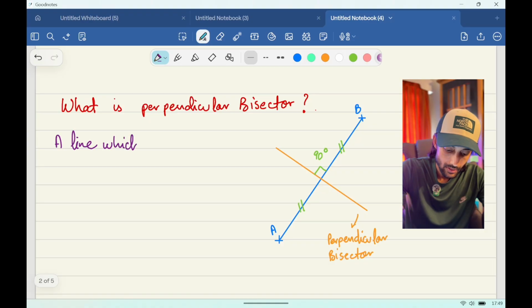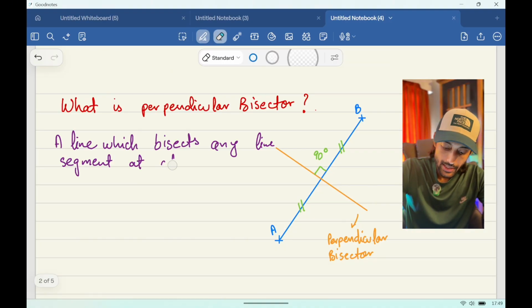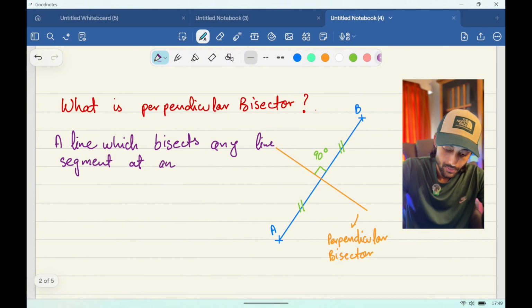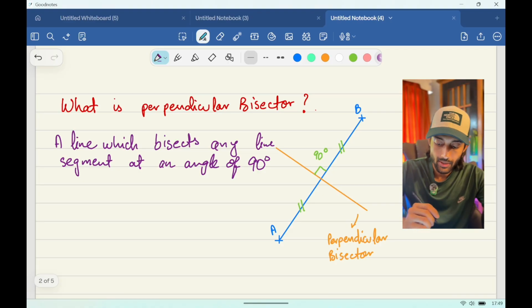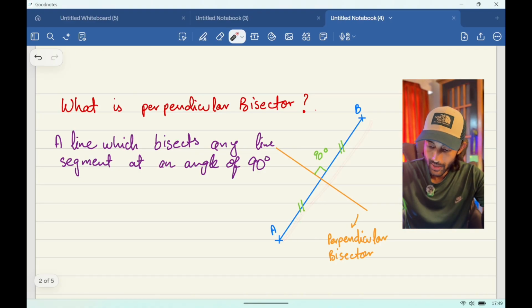So just to make things simple, I can just say that a perpendicular bisector is a line which bisects any line segment at an angle of 90 degrees. So we can clearly see that this is the line segment that we have.